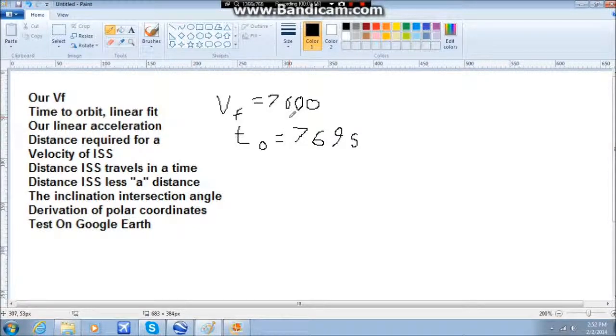Now we're going to find our linear acceleration. That is a linear fit to the equation because it's complicated. We could use calculus and integrate the equation, but this is just a simple tutorial, and I don't want to get too in depth in the math because we'll be here forever.